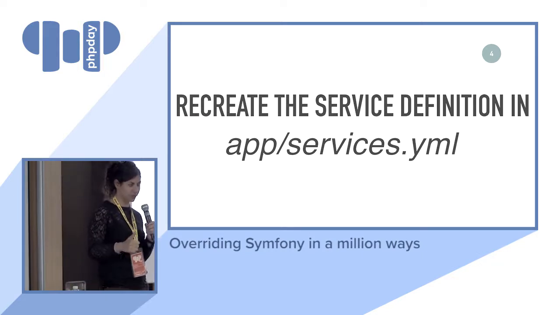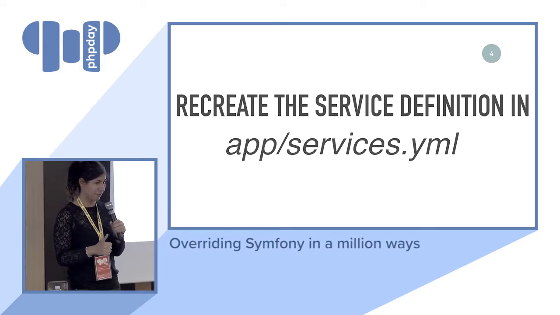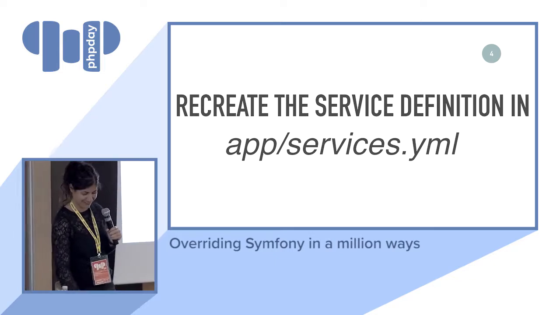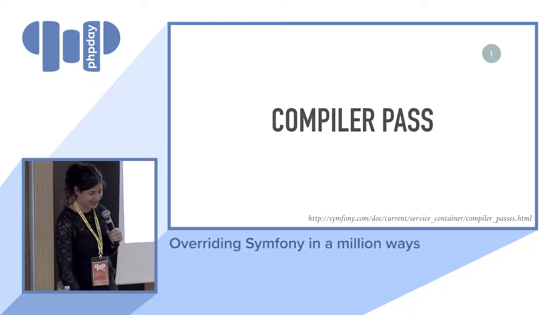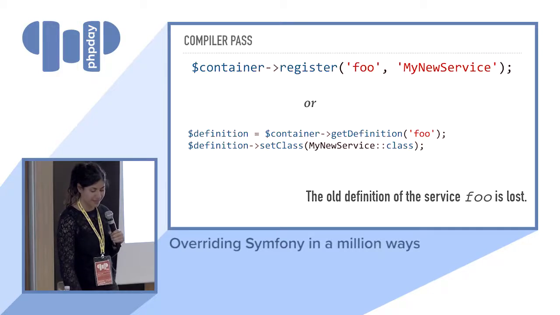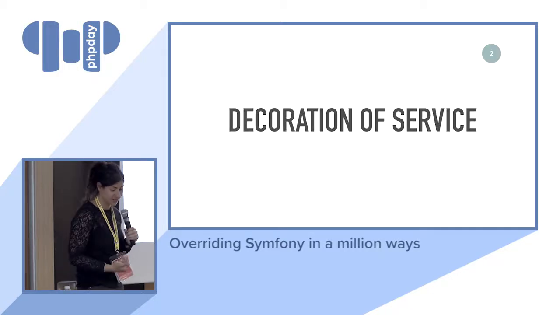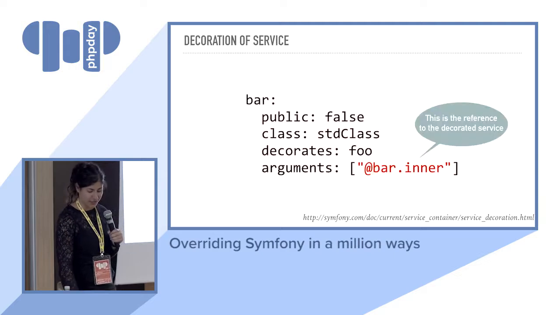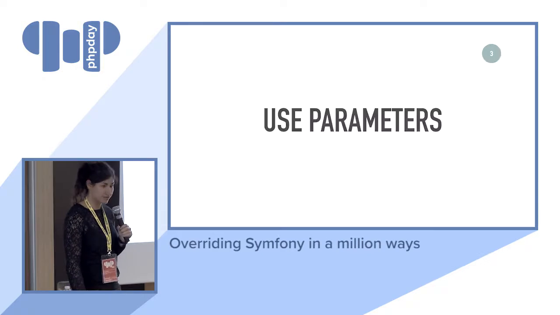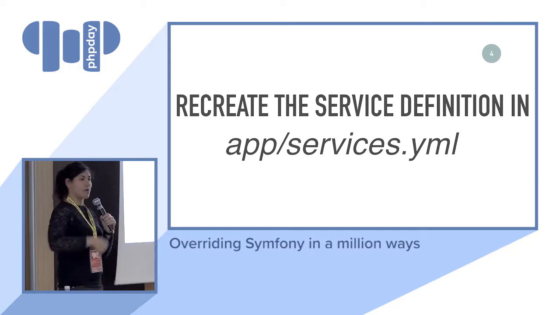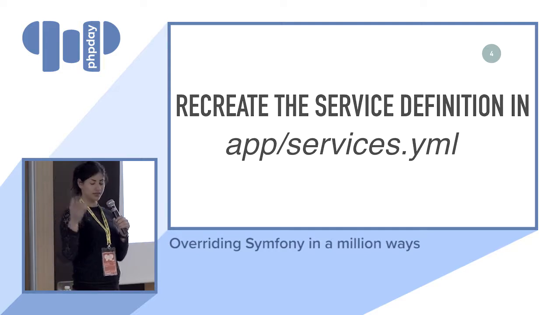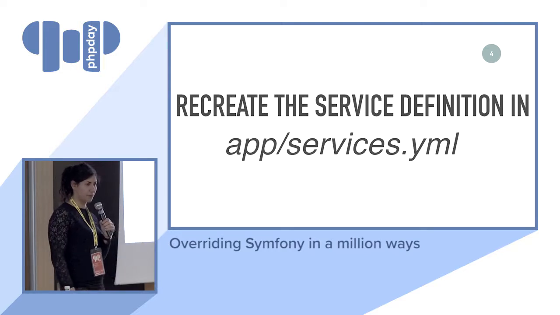The first one was, remember? Compiler pass. Then the second one, which is the best, I think, decoration of service. The third one was parameters, not a good idea. And the last one is directly put your service in the services.yaml file.